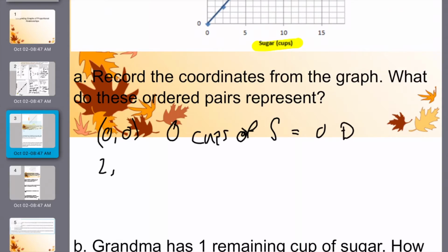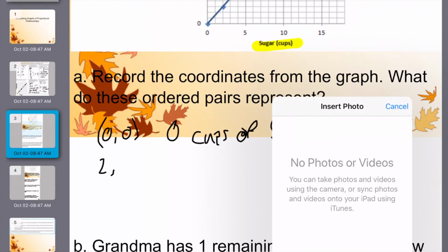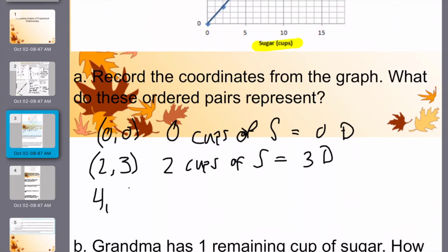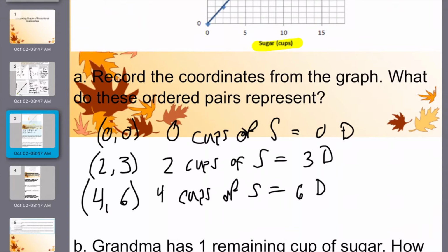I have another point, 2, 3: 2 cups of sugar equals 3 dozen. I have 4, 6, which is 4 cups of sugar equals 6 dozen. And I think you're kind of seeing where we're going from here.